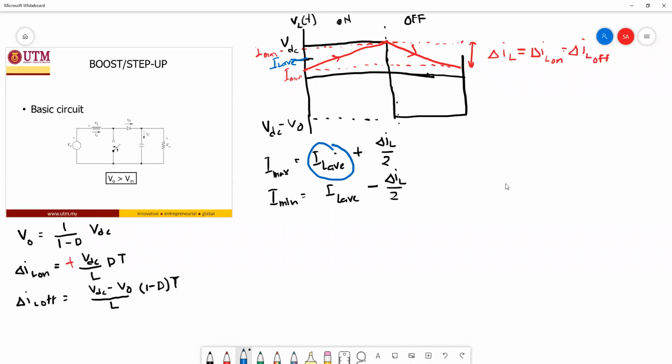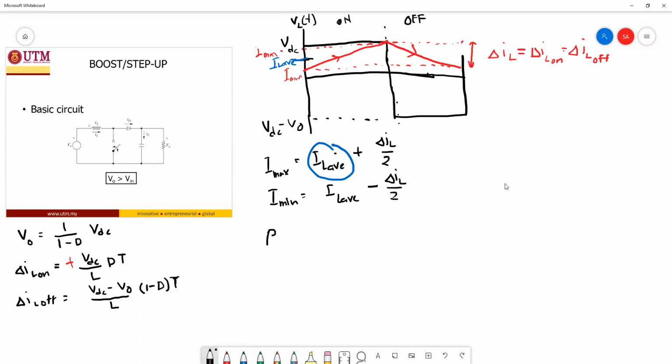But right now, we cannot see the relationship between the inductor and I out, so we cannot say that IL average is equal to I out. So how do we derive IL average? The derivation is based on this equation.